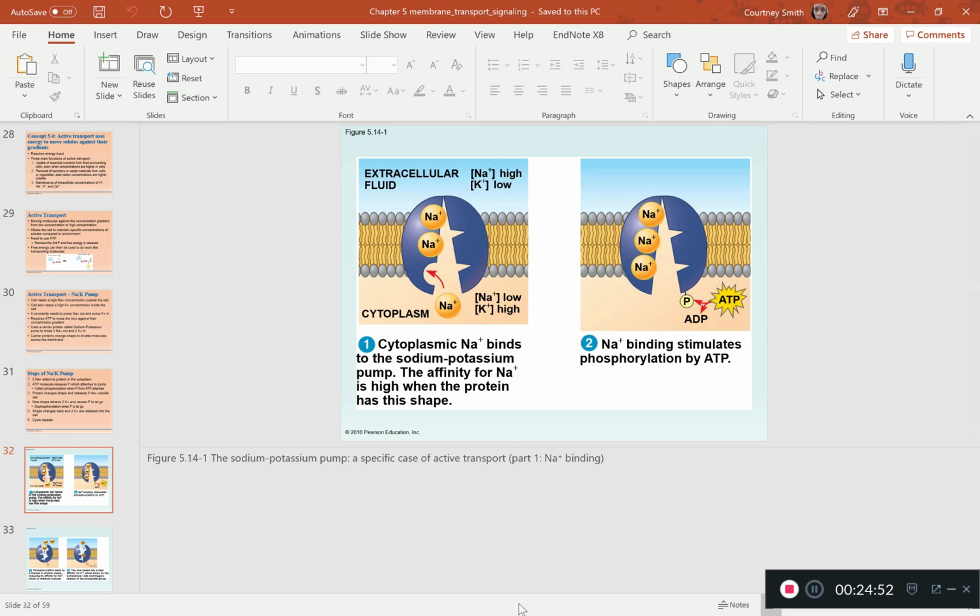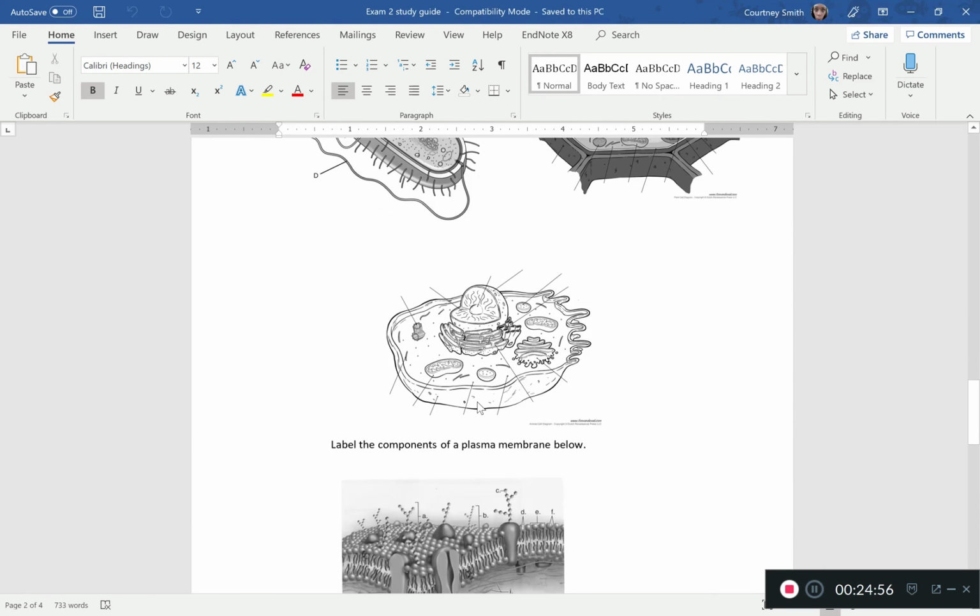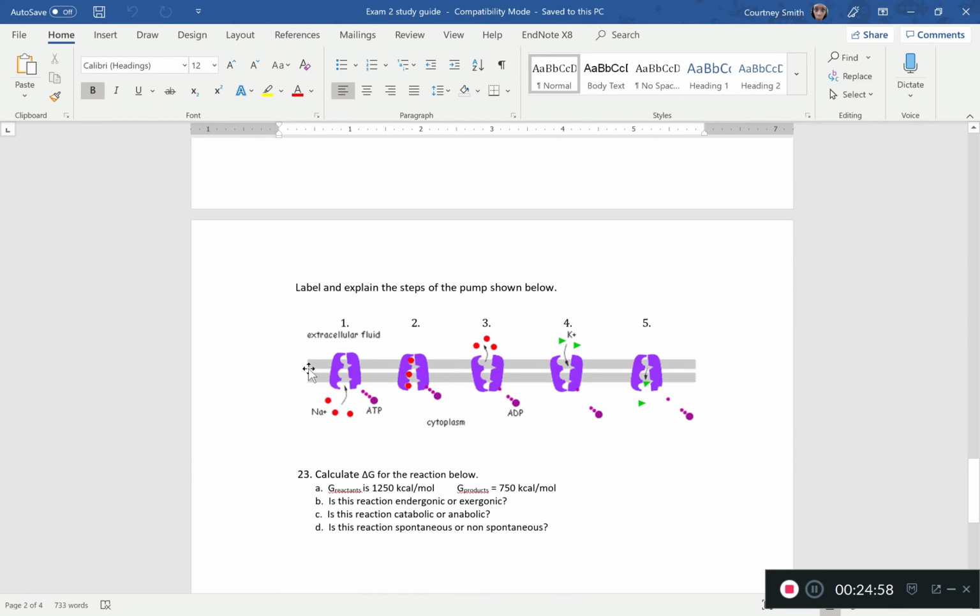Towards the end of your exam review, I bring this up. This is actually the sodium potassium pump in the steps, minus number 6, which is where it just repeats. So if I were to give you this diagram, or even without the diagram, I would want you to tell me what is happening in step 1, step 2, and so on.